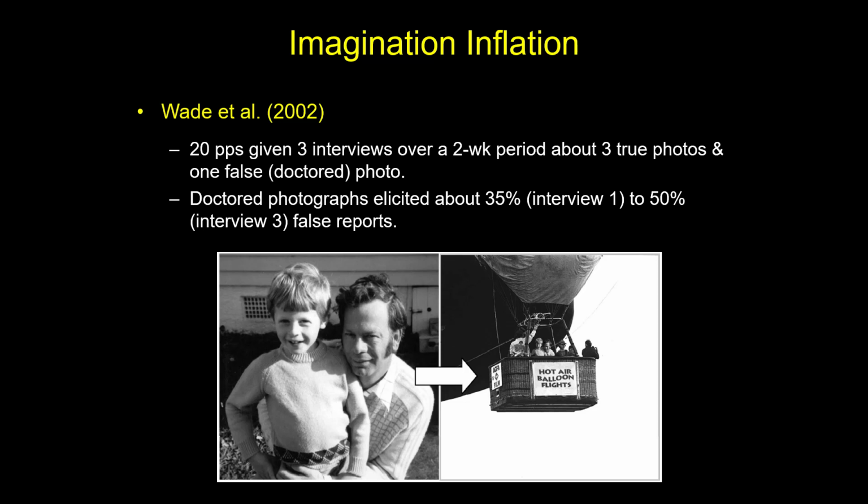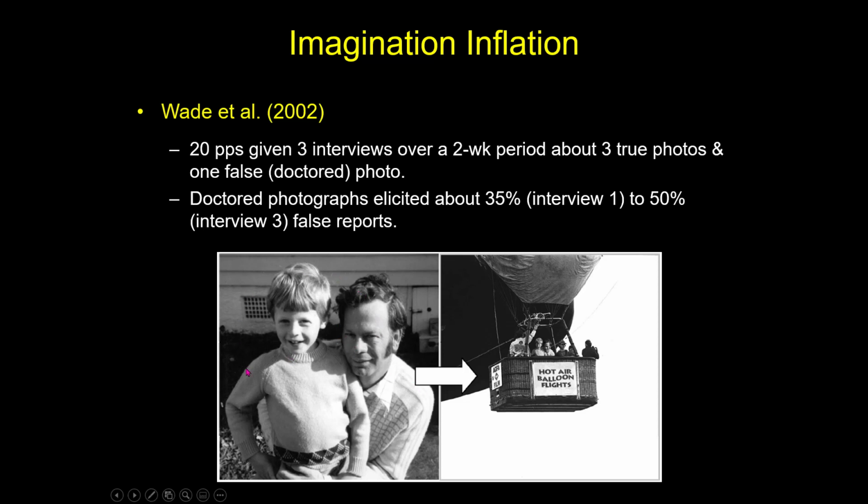Now most of the photos that the participants were shown were photos of true childhood events, and so the participants got to talk about those. But what the researchers had also done is they'd doctored one photo using image manipulation software. So here's an example of how that might have happened.